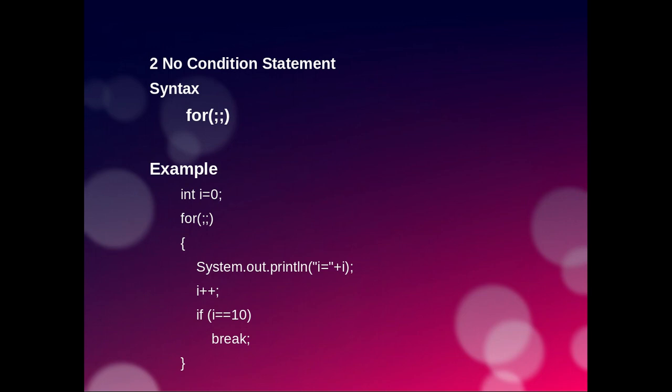Then for semicolon, and then specify the statement System.out.println to print the value of i, then increment the value of i using i++, and then check the condition if i == 10 then break. Up till the value becomes 10, it will repeat the statement that will print System.out.println value of i. So this is the no condition, no initialization, and no iterations.